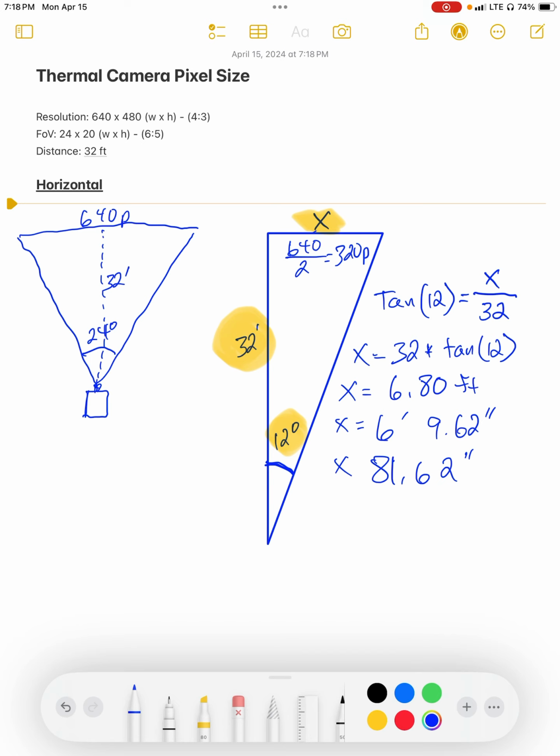We can also figure out what the length of each pixel is. And the way we do that is inches per pixel. So we take our 81.62, we divide it by the number of pixels here, and remember we're only dealing with half of them, 320.